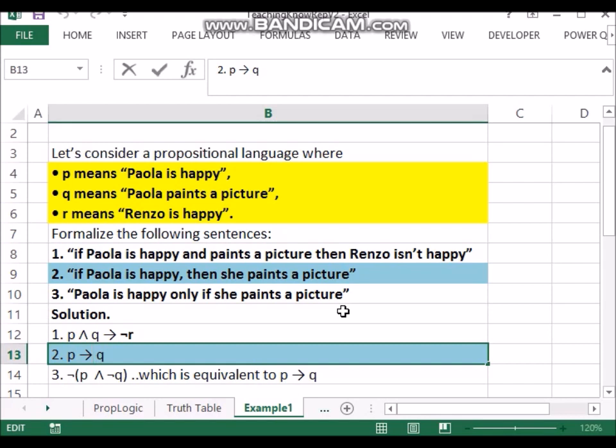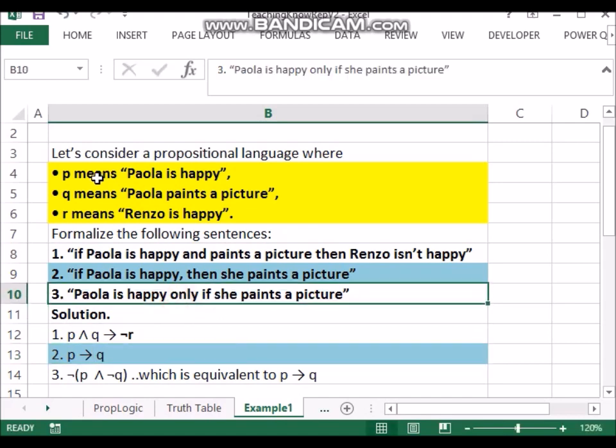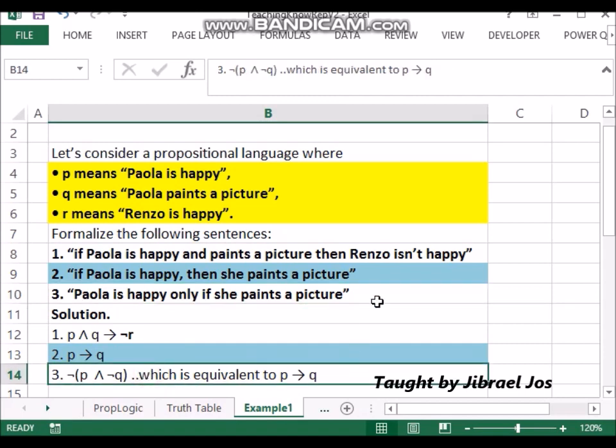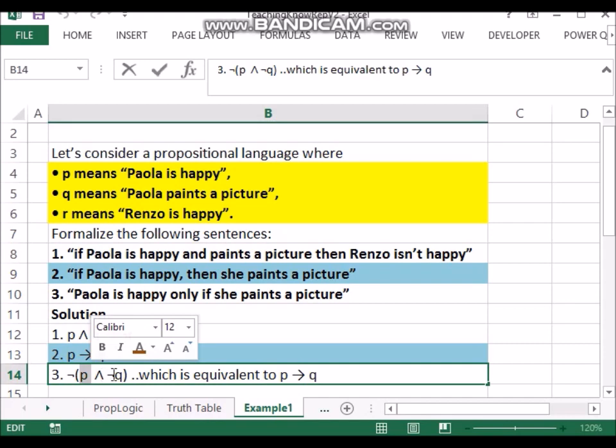The next one may seem a bit complicated, but let's walk through how it looks. Paula is happy, we have a symbol for that, P. Only if she paints a picture. So if she doesn't paint a picture, she is not happy. This becomes a bit more complicated to understand in our way of saying it. If you look at it, we look at what is inside the bracket first. P means Paula is happy.